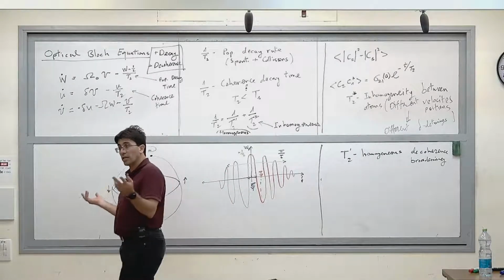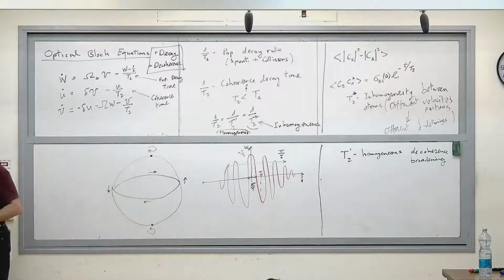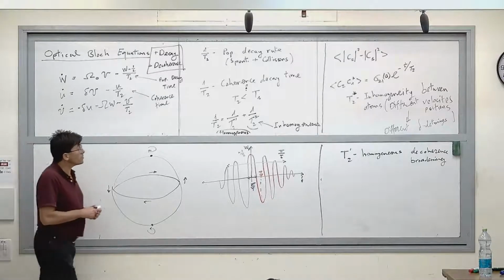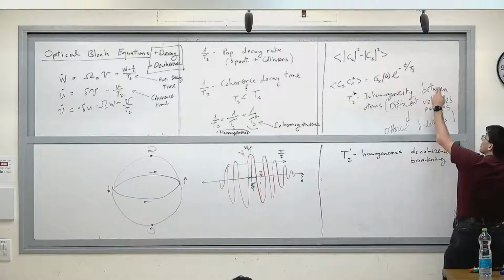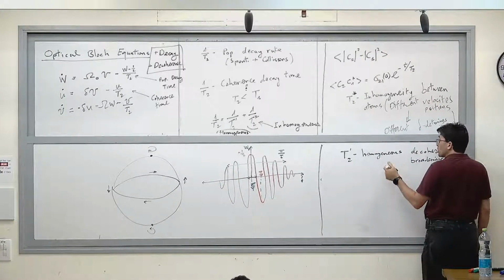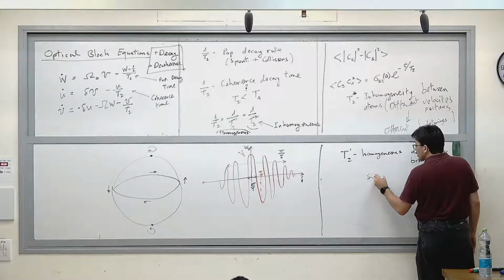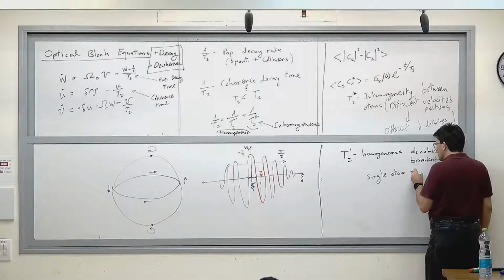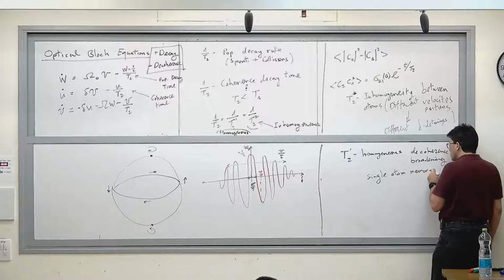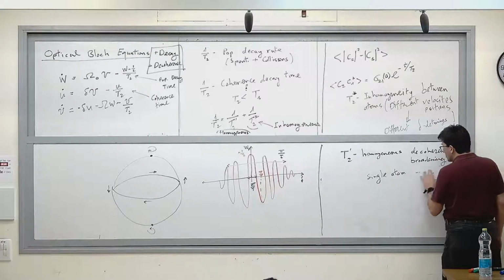So the average decayed. So this was inhomogeneity between atoms, and this is homogeneous. This is what we can call the single atom memory. You can even say phase memory.